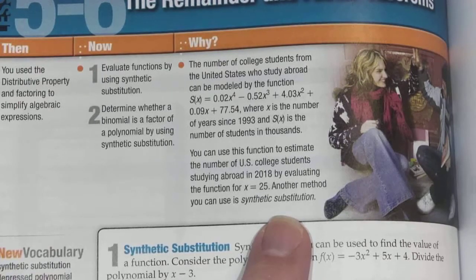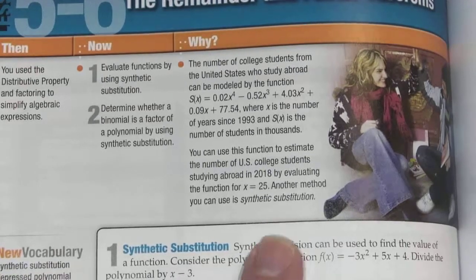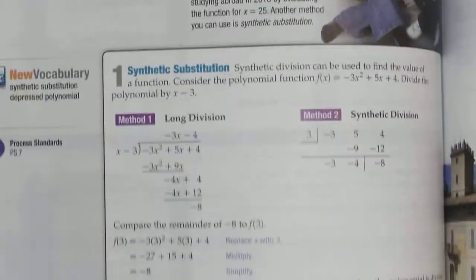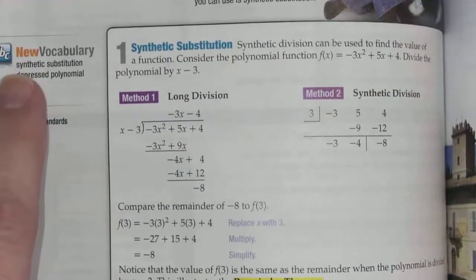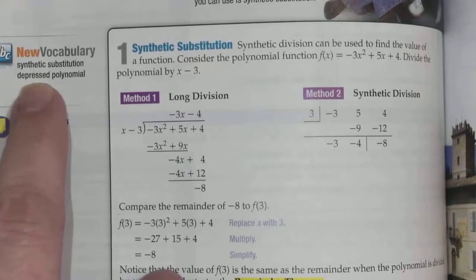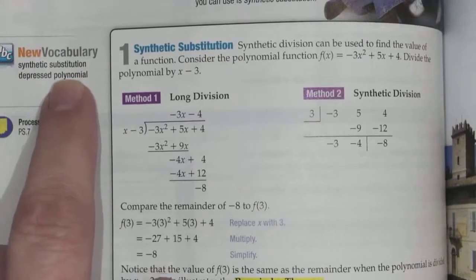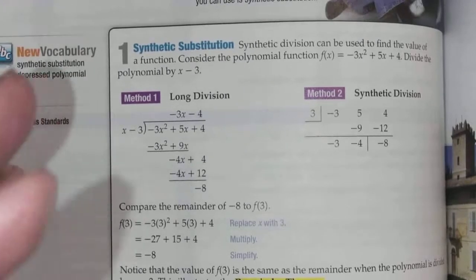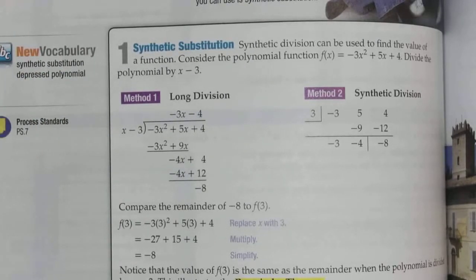Using synthetic substitution can give you an answer a little bit more easily. Some of the new vocabulary is synthetic substitution and depressed polynomial. I've already talked about the depressed polynomial with you guys, and synthetic substitution is just something you get from doing synthetic division.